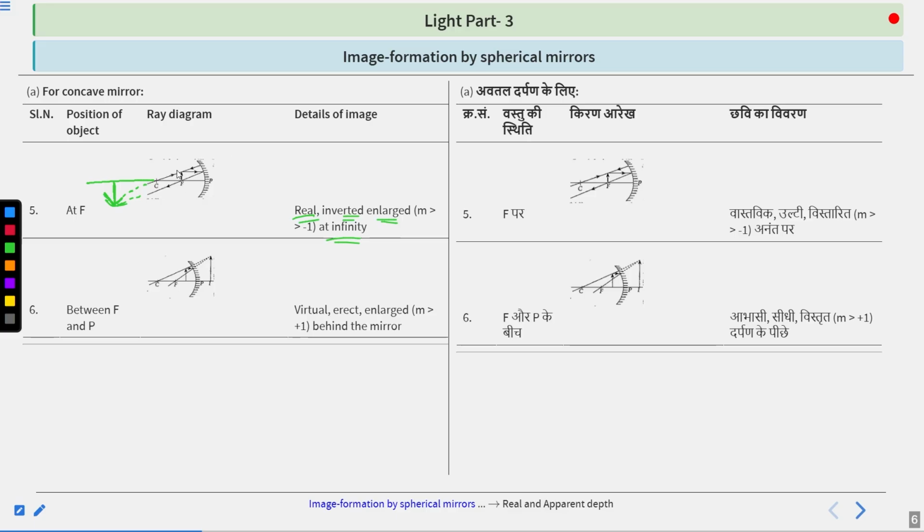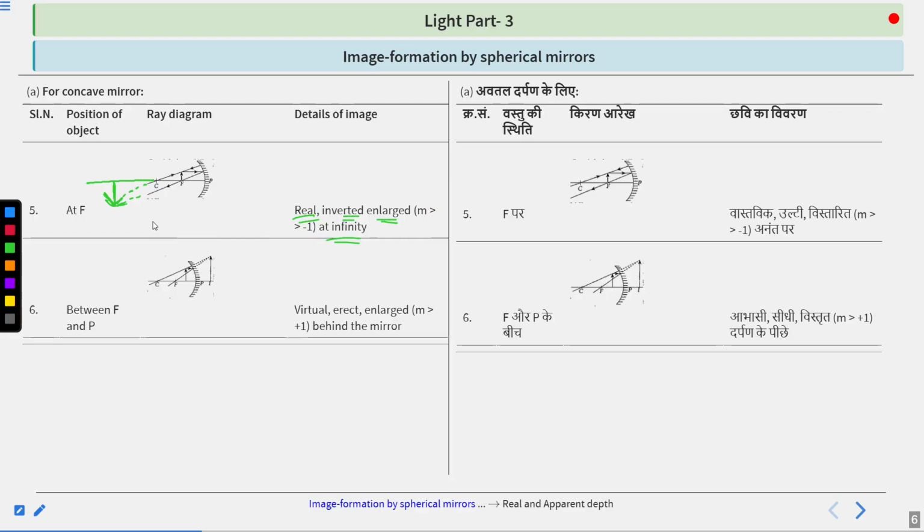Now if you look at this object and this image size, what are you getting? Is the size of object and image same? Is the size of object bigger than the image size? No, they both are different. So the object is smaller, the image size is larger. So enlarged image. M is greater than -1.